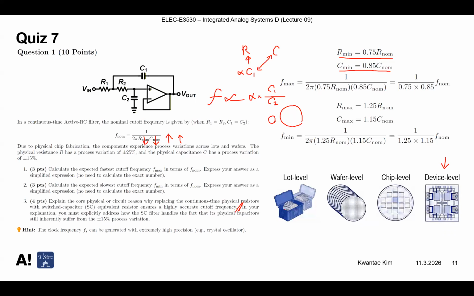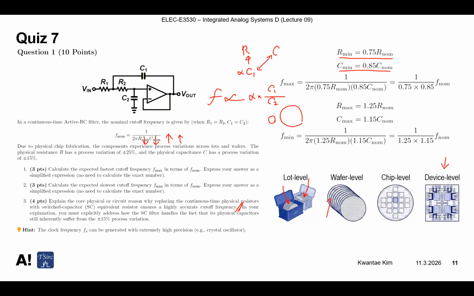Of course, if we put different capacitors here and here by going through different lot level processes, then there will be lot level variation.